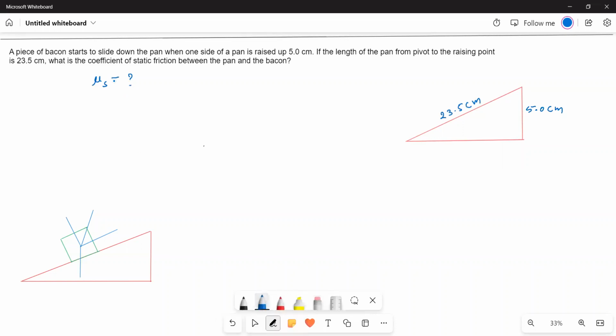How to find mu s? It's simple. If you know the formula, mu s is equal to tan theta. If you find theta, then it is easy to calculate tan theta, and mu s you can find out. To find theta, we use the formula sin theta is equal to opposite side by hypotenuse.